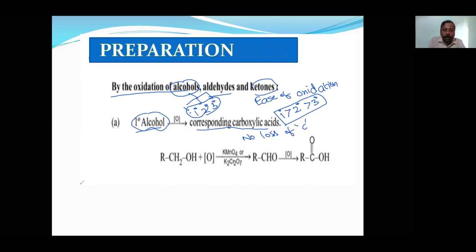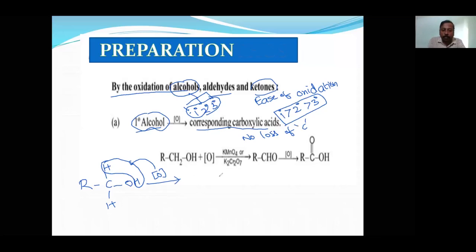With the mechanism or memory understanding, I will tell you so that you do not feel any difficulty in organic. Organic is made easy with simple explanation. First, oxidation means you provide oxygen, and it will remove hydrogen.